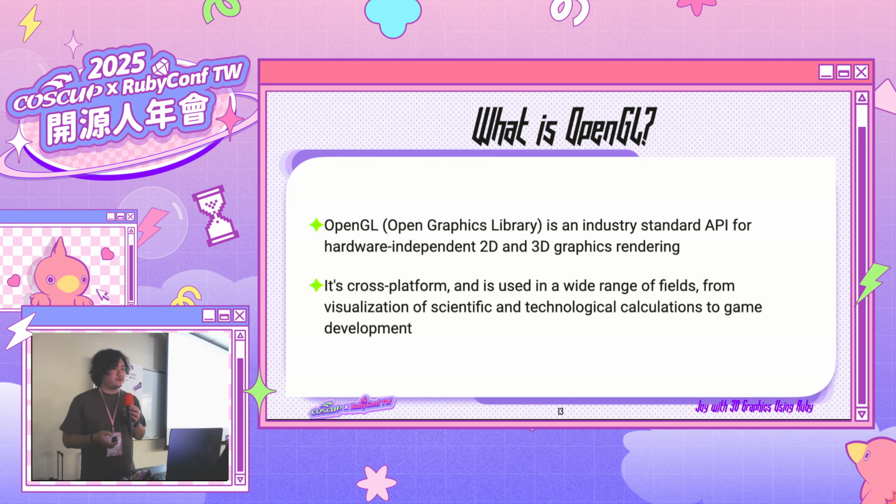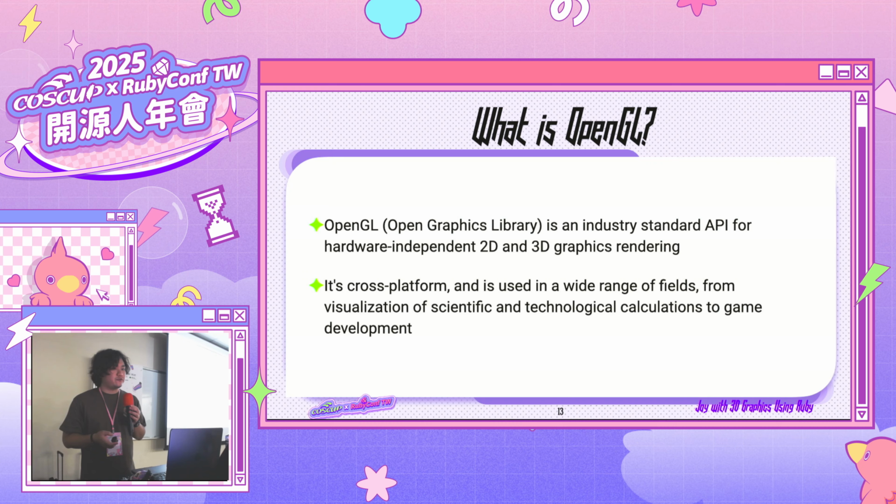OpenGL is just a graphics engine, so there are things it cannot do on its own. It does not create windows, handle keyboard and mouse input, or create an OpenGL context, like a drawing environment. Instead, libraries such as GLFW and GLUT provide those functions.